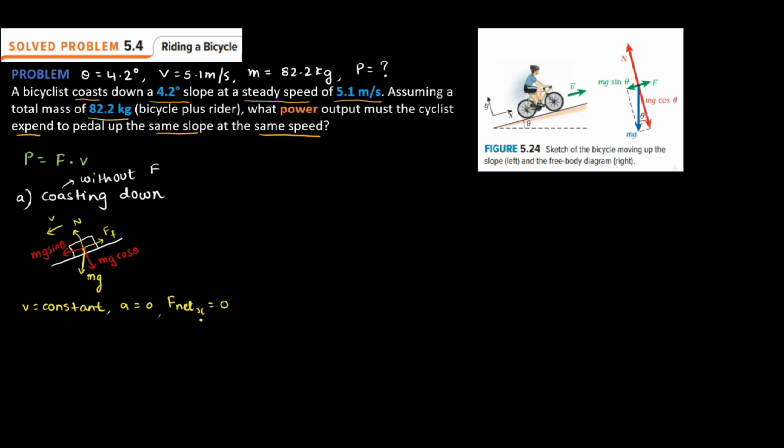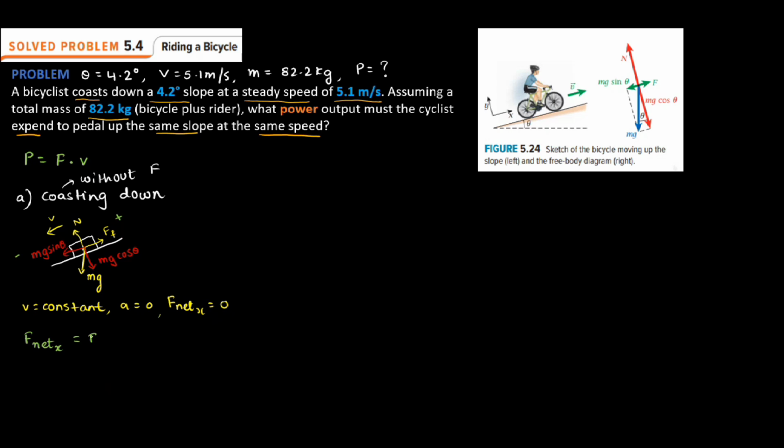I'm going to use this equation of net force to find a relationship between force of friction and mg sine theta. So let's calculate the net force along the x-axis. Net force along the x-axis is nothing but the sum of the forces along the x-axis. The ones going to the right I take as positive, and the ones going to the left we take as negative.